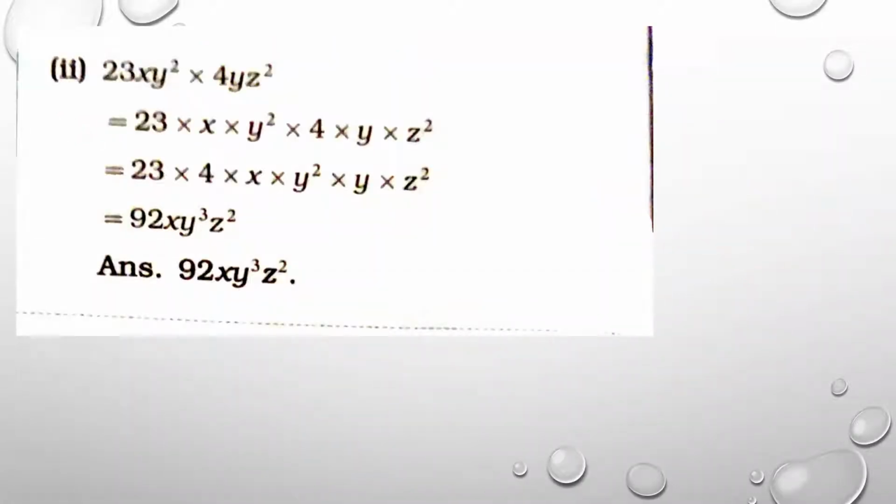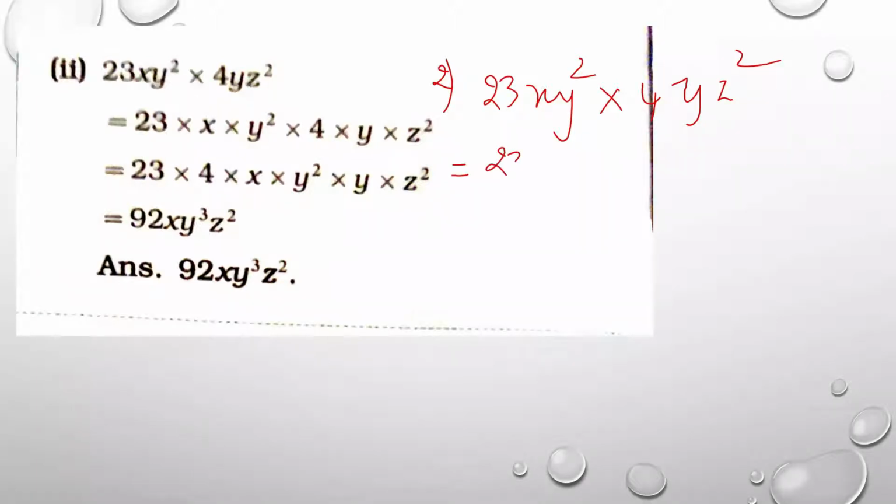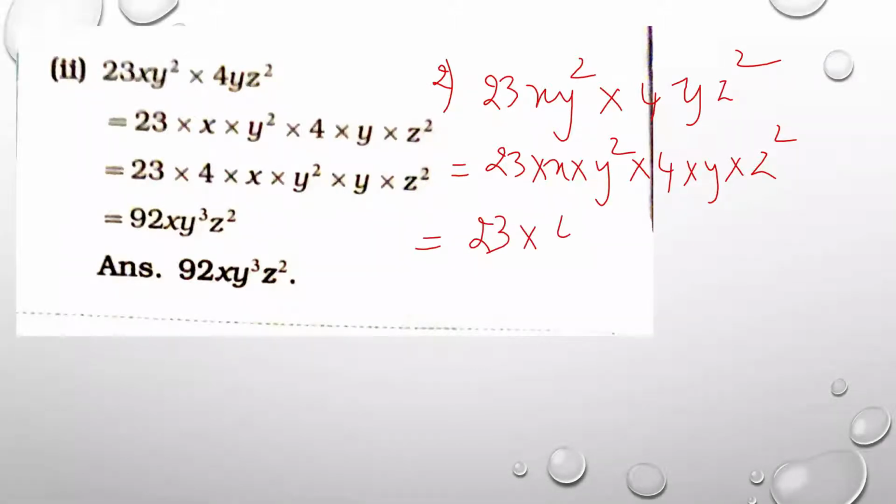Now let us do the second sum. 23xy square into 4yz square. Here you split it out first: 23 into x into y square into 4 into y into z square. Now take coefficients together, 23 into 4, then x, then y square into y into z square.